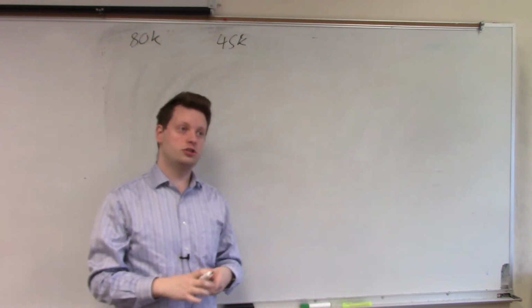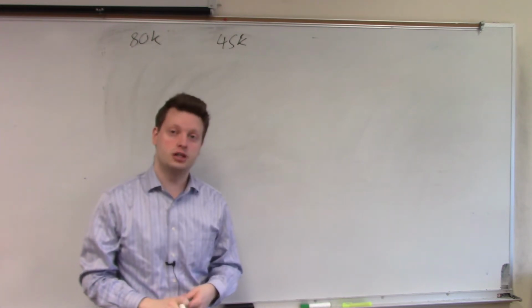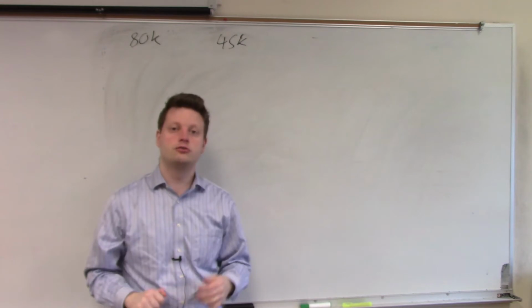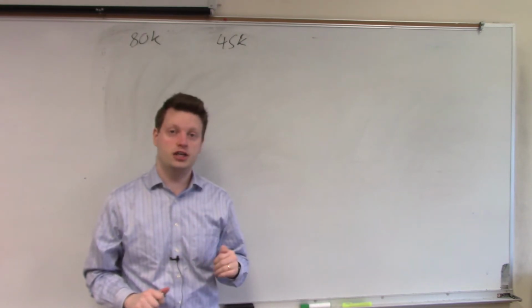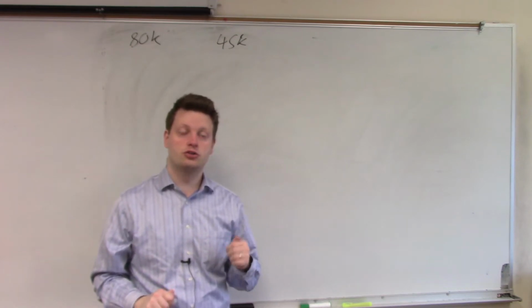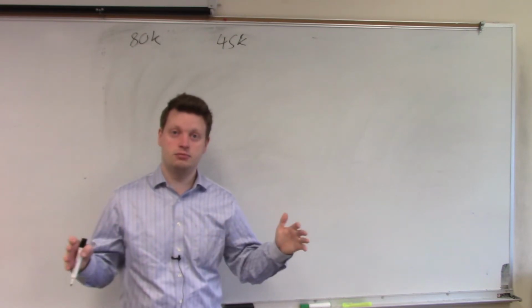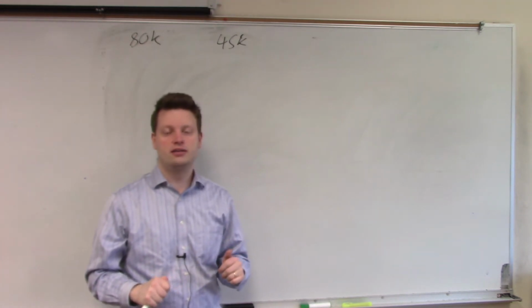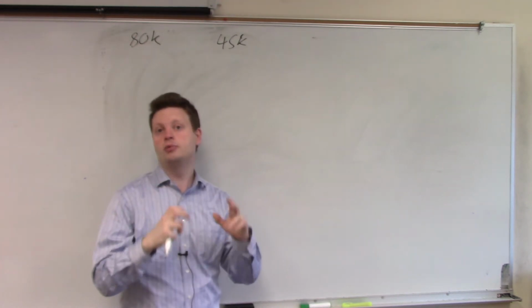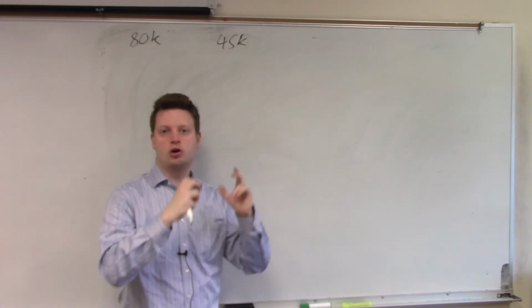Now, to do this calculation, we need to make some clear assumptions. First, we assume there's a market interest rate and we can borrow and lend at that market interest rate. Second, we assume that this interest rate stays the same in the future. And we also assume that any money we get, we will immediately invest at the market interest rate.